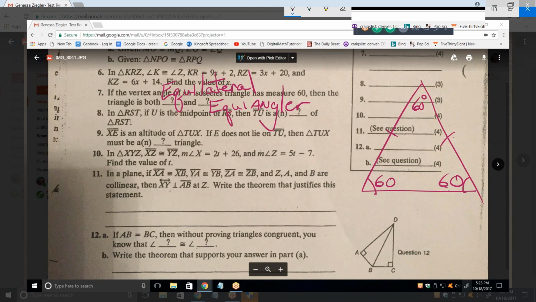I'm thinking that's what they probably mean. I can't think of what else they would want. What two things would it be? I guess equilateral and equiangular could be an answer, even though if something is equilateral, then it's also always equiangular.